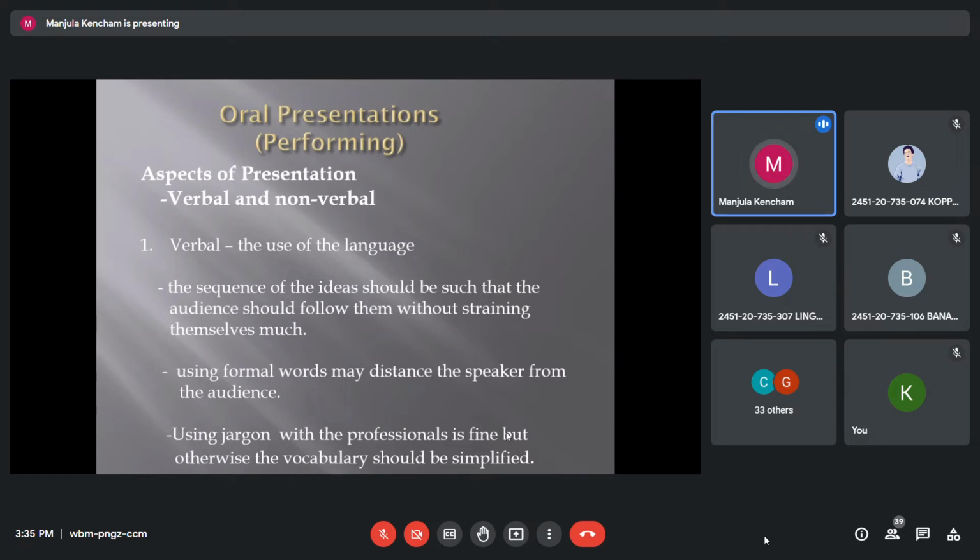Fine, vocabulary is simple, but when a particular word appears within a particular branch of study, it becomes jargon. That is where, if you are using jargon, you should know as a presenter that the audience has been introduced to the terminology prior to your usage. Otherwise, it will be a question mark.